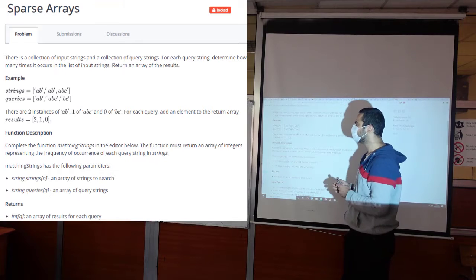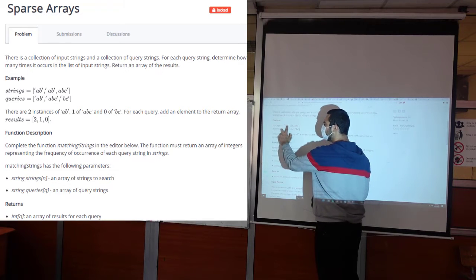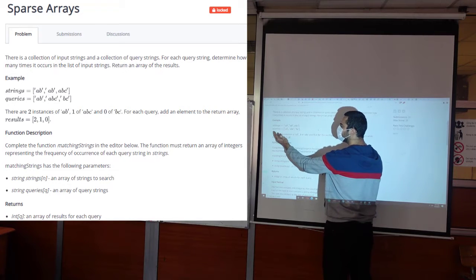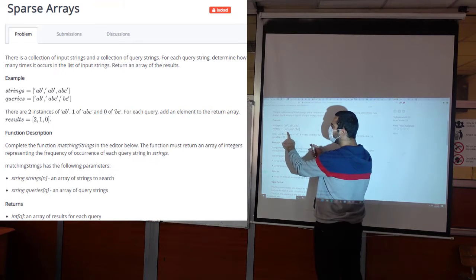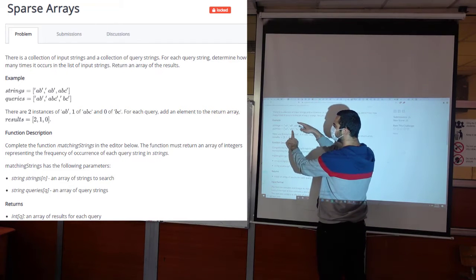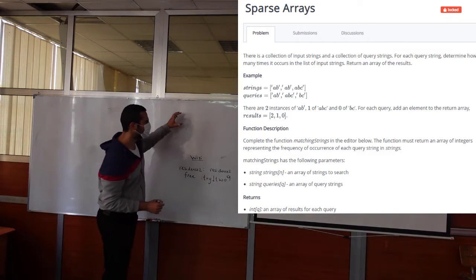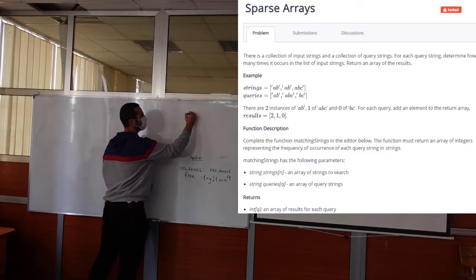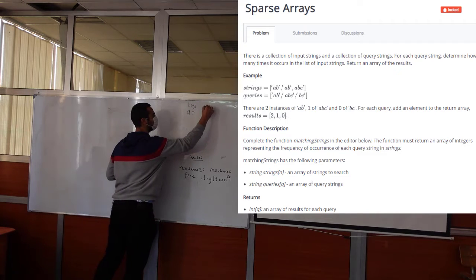Then we can find the frequencies of each string in strings, then loop through each query in the queries array and check how many times we have seen AB, how many times we have seen ABC so far in the map. This is the idea. Let me just show the steps. For strings, you loop through each string and set the keys and the values.